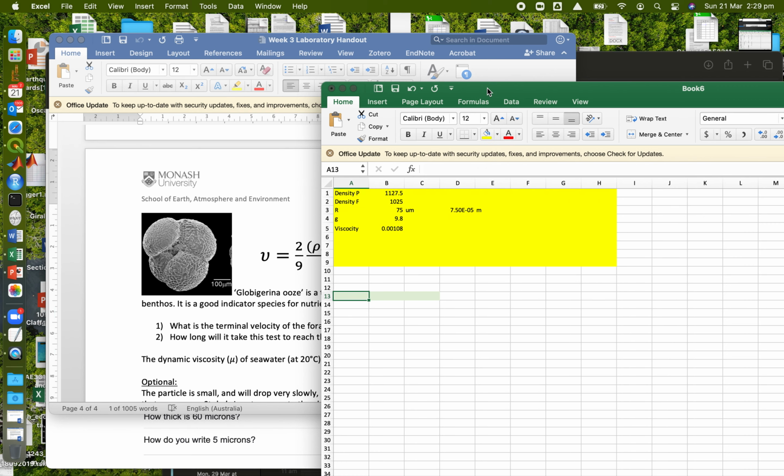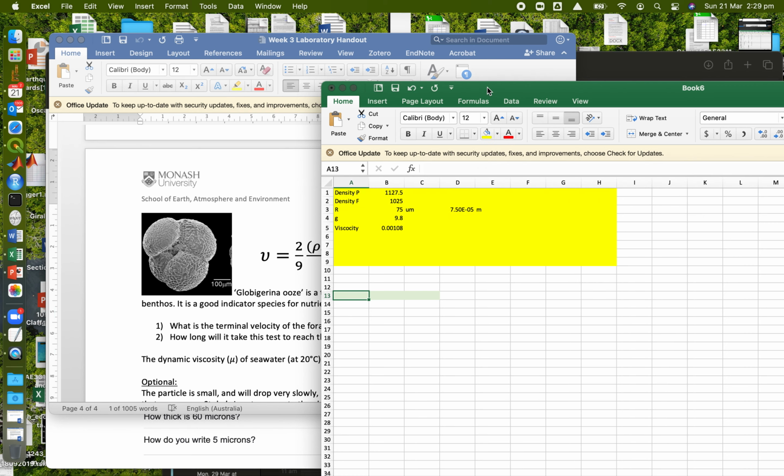So what is my equation? It equals 2/9. It equals, I'm going to do all the different sections separately. This density, P, minus this density here. It has R squared, right? So let's write it up here.